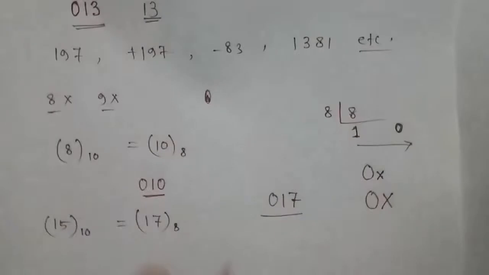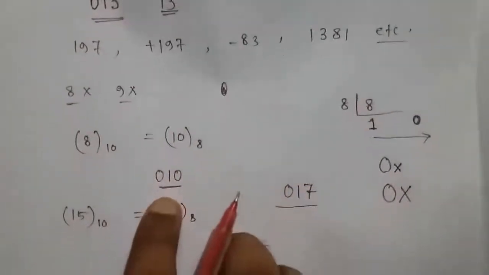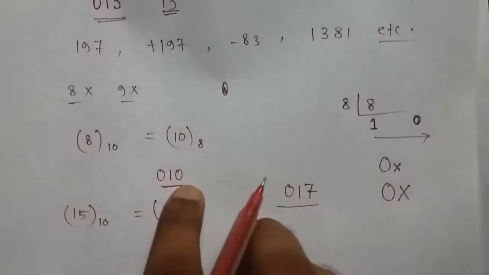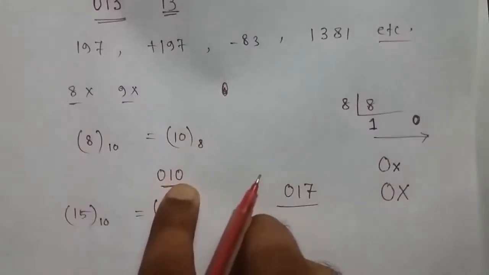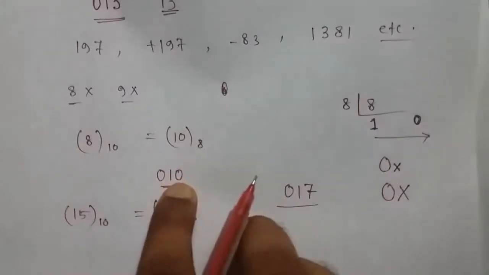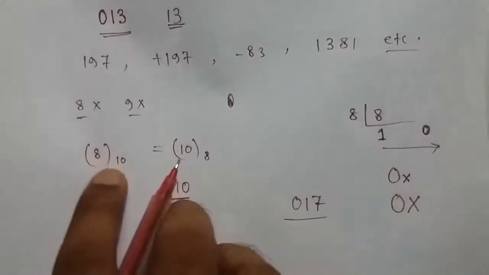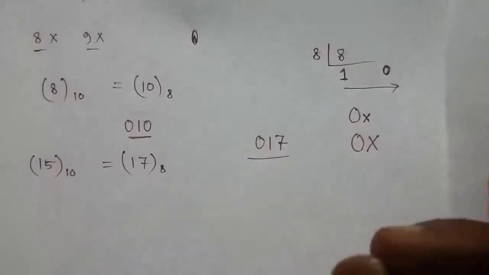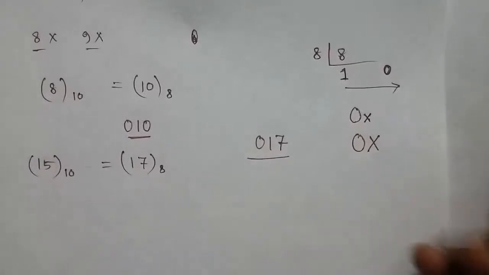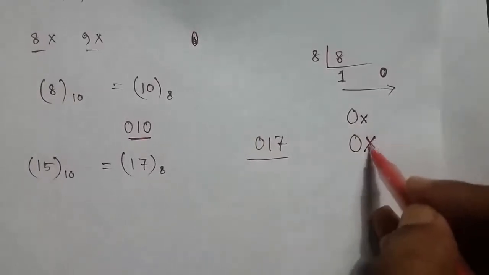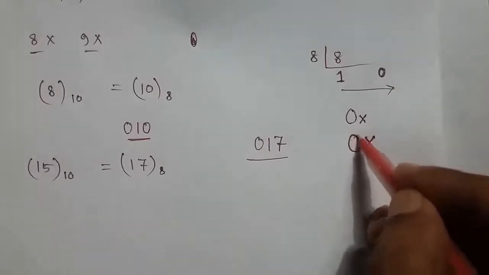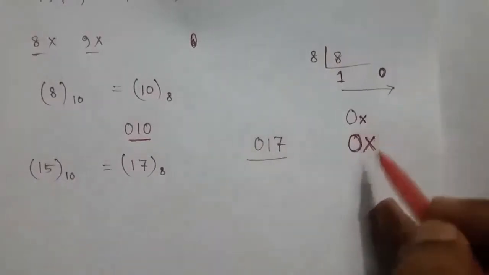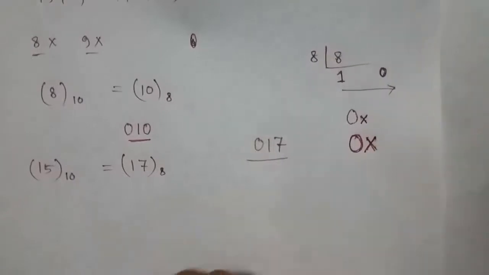Just like an octal number is represented by 0 then an integer, like 010, which actually means 8, similarly a decimal number represented in hexadecimal form is preceded by 0x. So x can be a small letter or a capital letter.